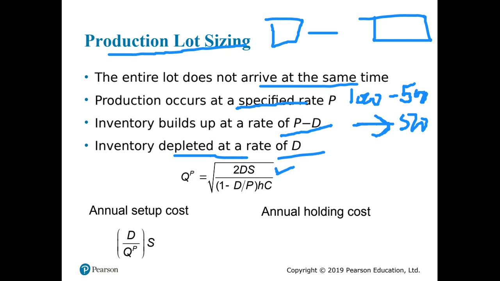So this means that the entire lot does not arrive at once. Items are produced gradually at some rate and then they fulfill the demand. If we take the example where a production unit can produce 800 units and the demand is 500 units, they will have 300 units extra being made at the end of the day.